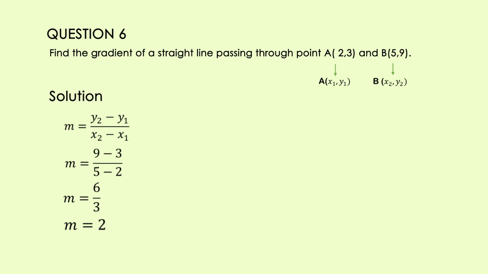Then, by using the formula of gradient, m equals 9 minus 3 over 5 minus 2. Simplified to 6 over 3, and finally, the gradient would be 2. Easy, isn't it? I'm sure all of you can do this.